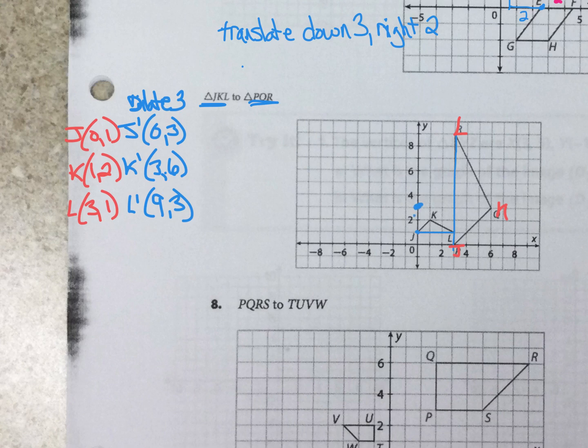And then K prime is 3, 6. Excuse me. 3, 6. And then L prime is 9, 3. All right, so that's where I am now.